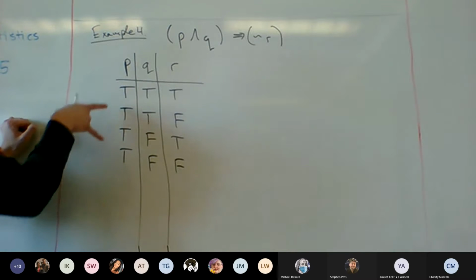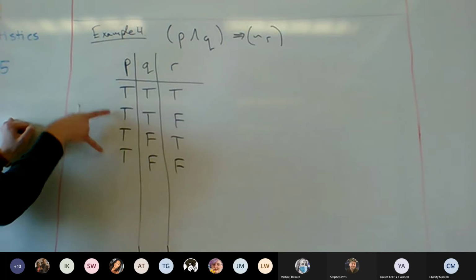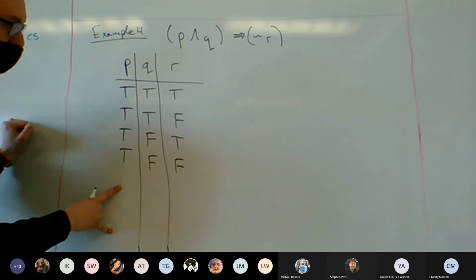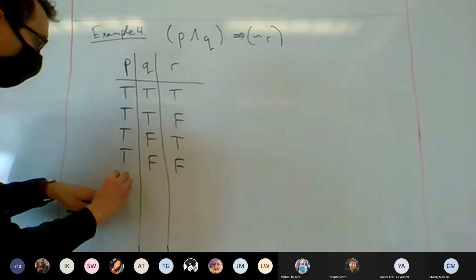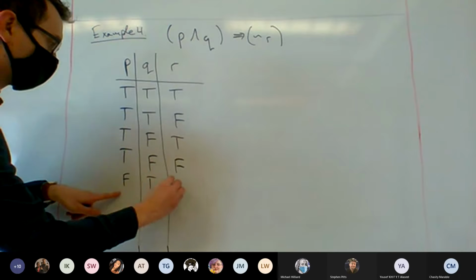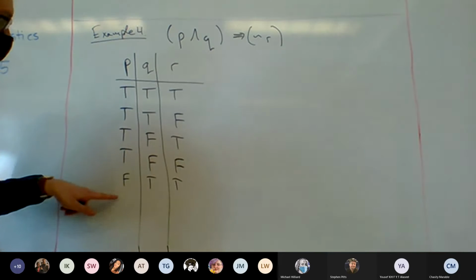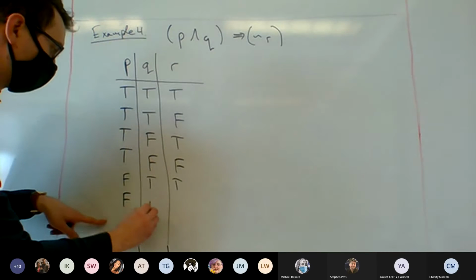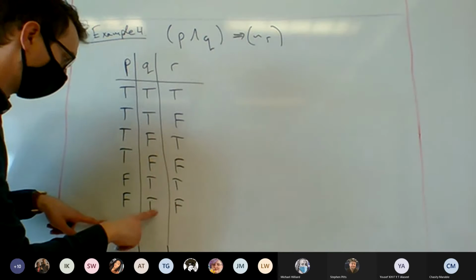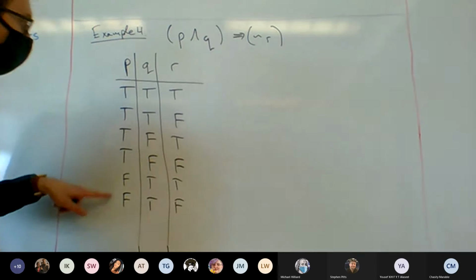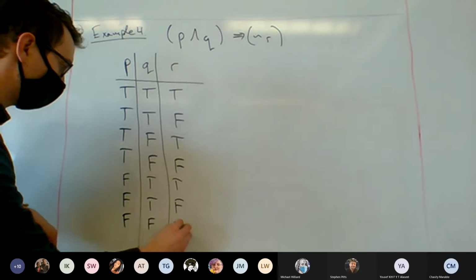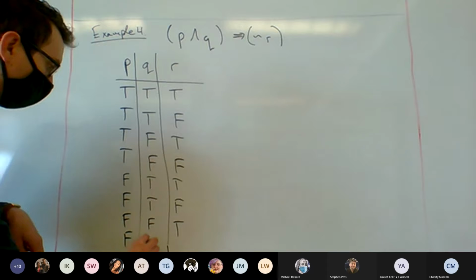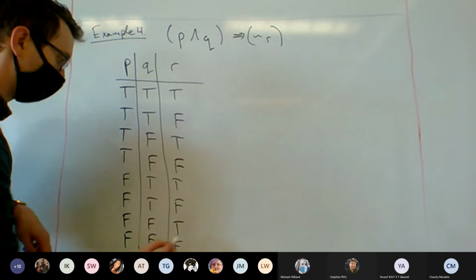Now I need to do the exact same 4 combinations again, except P is going to be false for all of them. So first is false, true, true, then false, true, false, then false, false, true, and finally false, false, false.